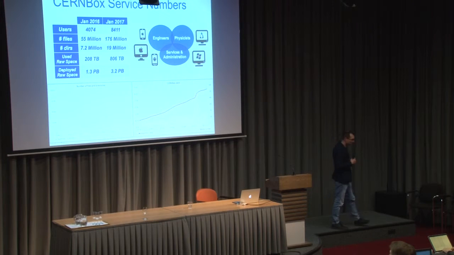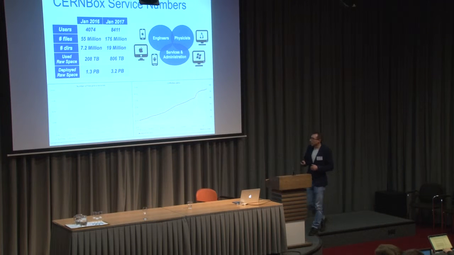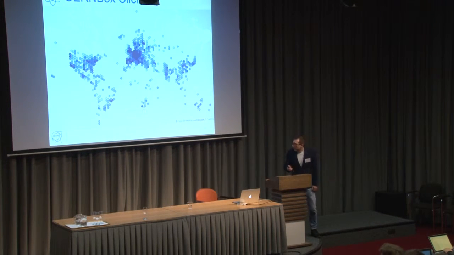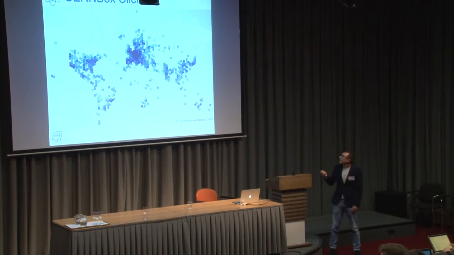Last time we checked, we had something like 60% Mac users, for example, and 20% each of Windows and Linux. Now more physicists are joining, so the ratio of Linux users is increasing a bit, but we still see quite huge usage from Mac users. And this is where all our clients are from.